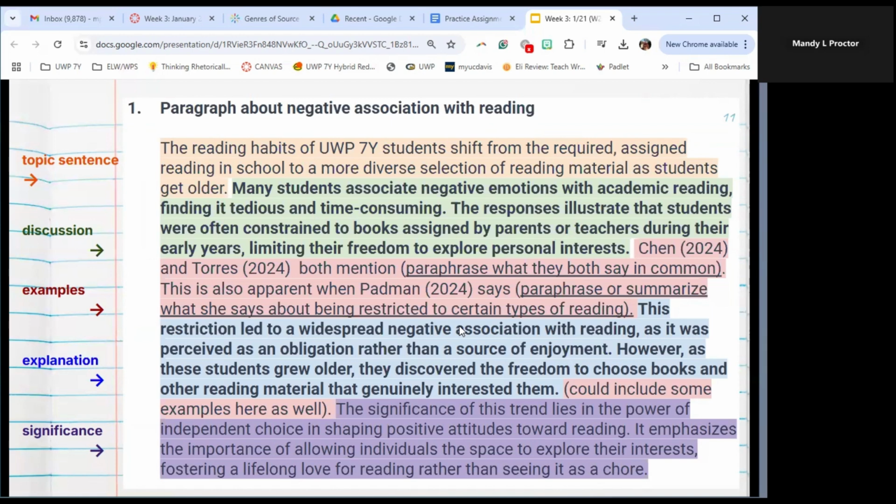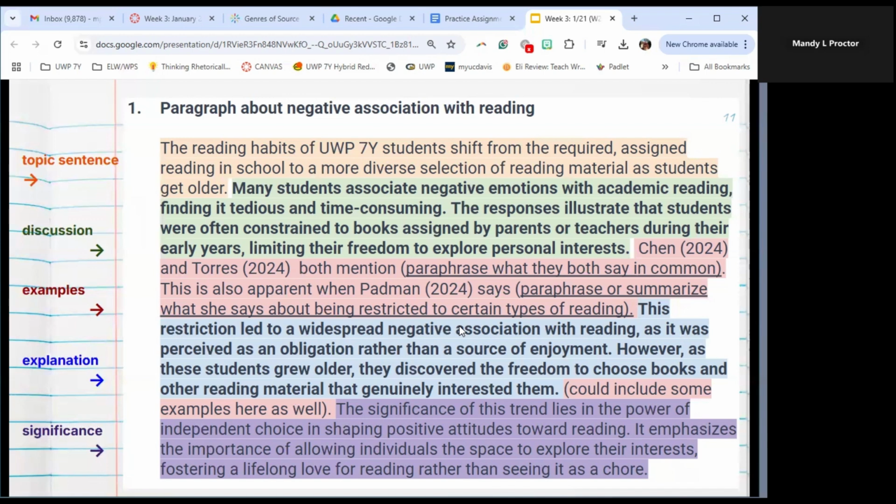And then we can go into that discussion that many students associate negative emotions with academic reading, finding it tedious and time consuming. The responses illustrate that students were often constrained to books assigned by parents or teachers during their early years, limiting their freedom to explore personal interests. So that is a discussion of that trend, right? It's making some general statements about the trend.